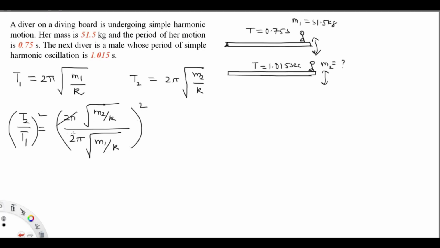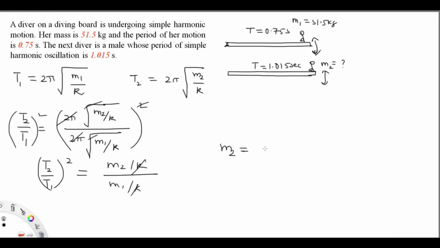You can cancel 2 pi and 2 pi, so we have T2 over T1 squared. That's equal to m2 k over m1 k. Okay, we are cancelling the square roots and the square. So k cancels. Multiplying both sides by m1, we get rid of this m1.